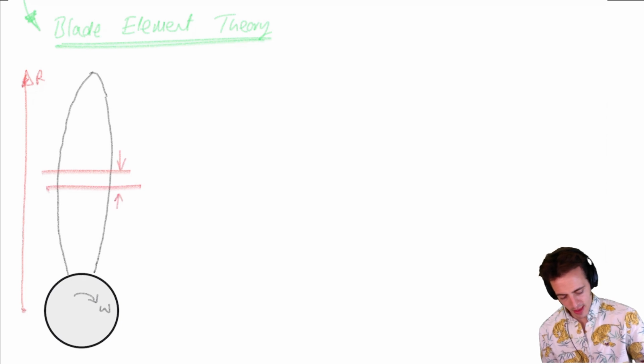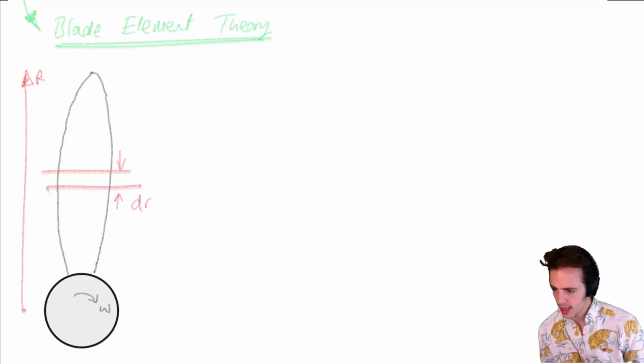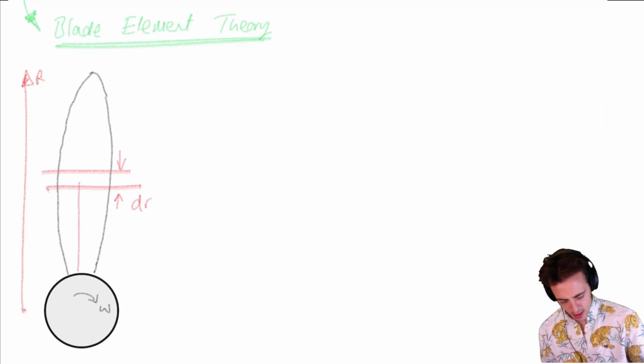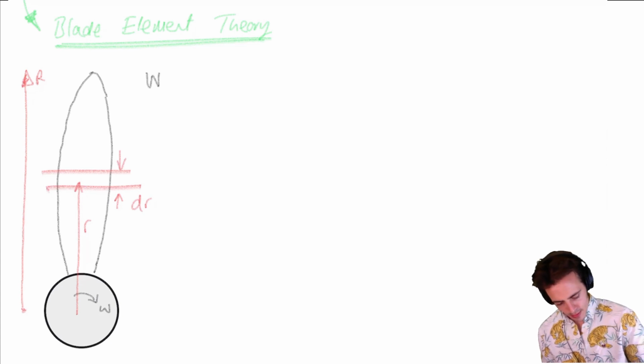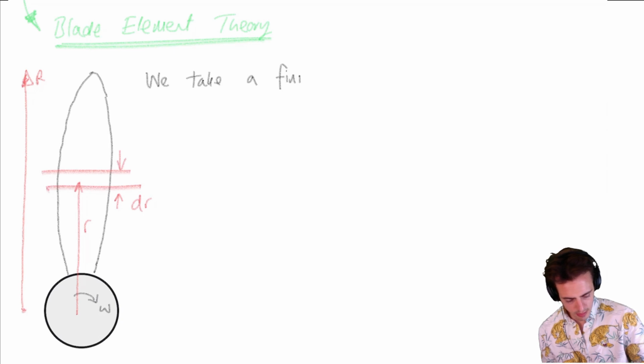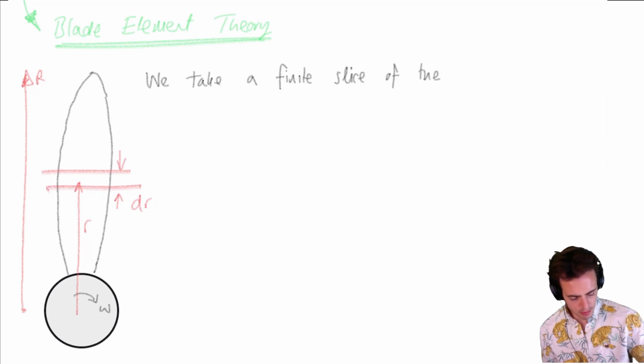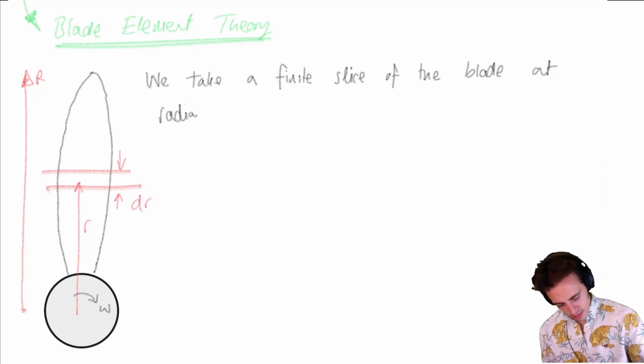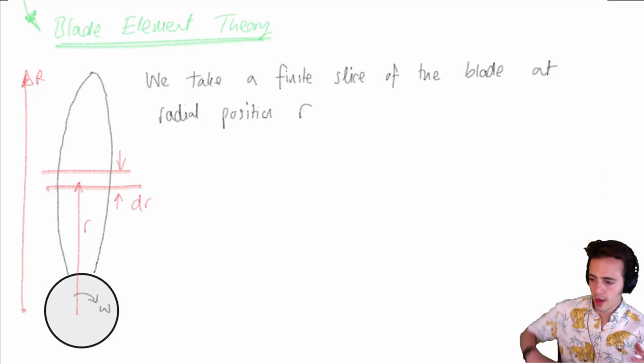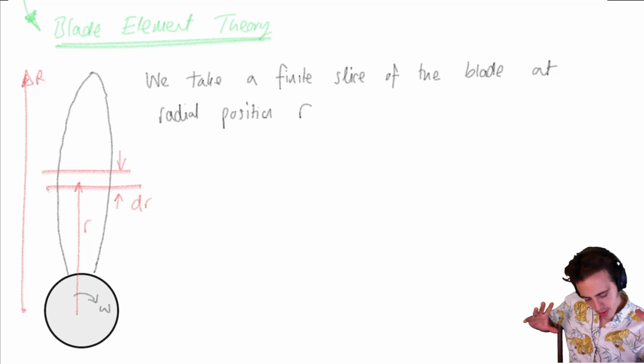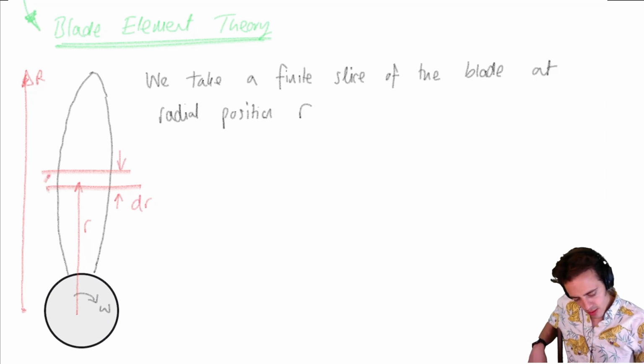And we'll say this has thickness, dr, and exists at location, r. So we're going to take a slice through the blade and we're going to see what happens in this two-dimensional section.